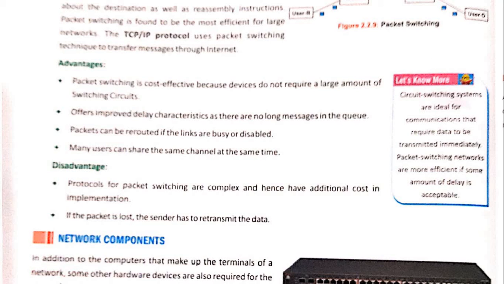Now, packets can be rerouted if the links are busy or disabled. For example, something is traveling in the network, and some of the packets get stuck in between, then they can be resent, rerouted, because each packet has a header section, in which the address of the destination computer, meaning where the message is going to reach, is already stored.